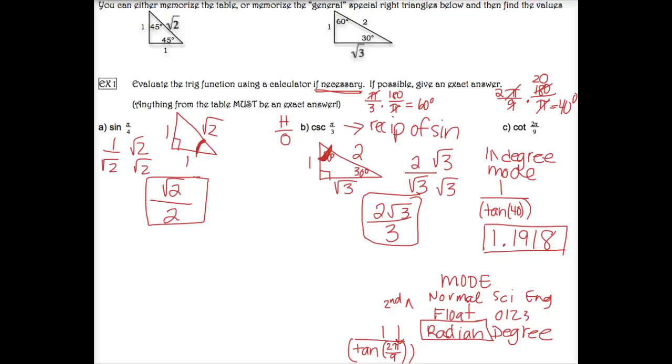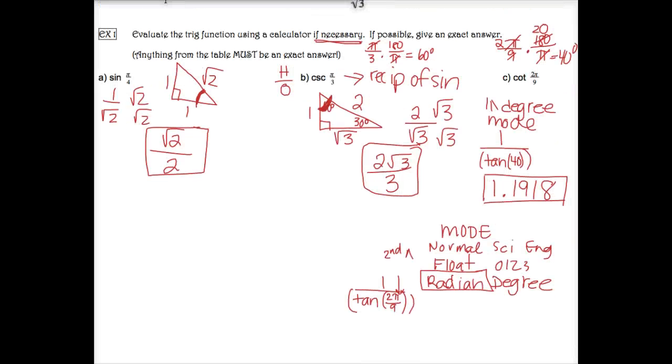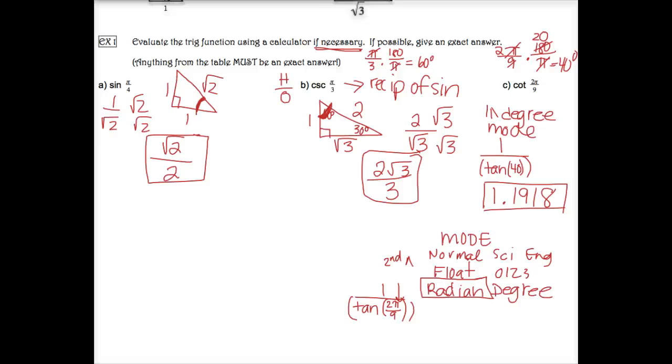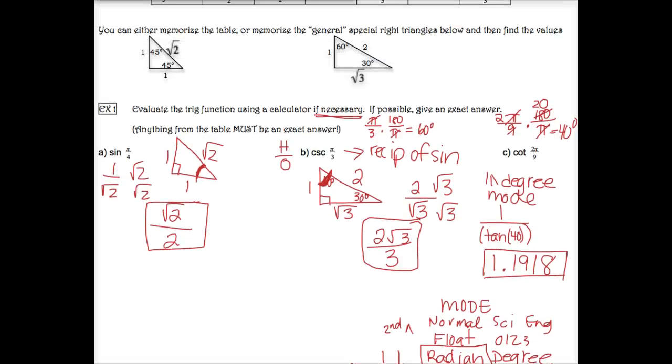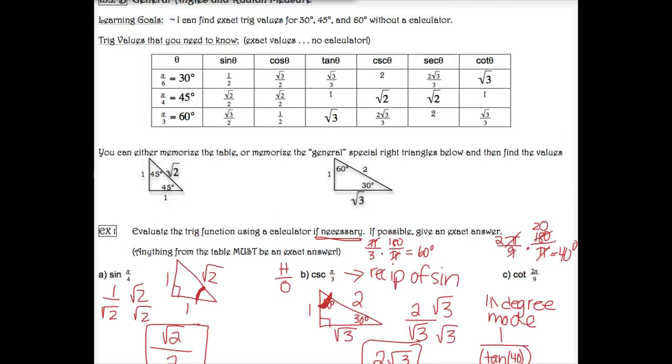You have to make sure that if you are borrowing someone else's calculator or borrowing my calculator, that you are responsible for knowing what mode it is in, because that is not my responsibility. You have to know how to use your calculator and what mode it needs to be in to get the right answer. So just make sure that you stay on top of what mode your calculator is in, and you're responsible for knowing how to change that.